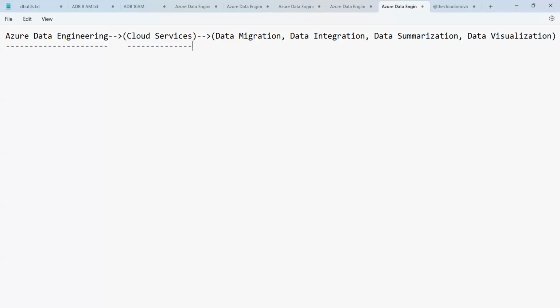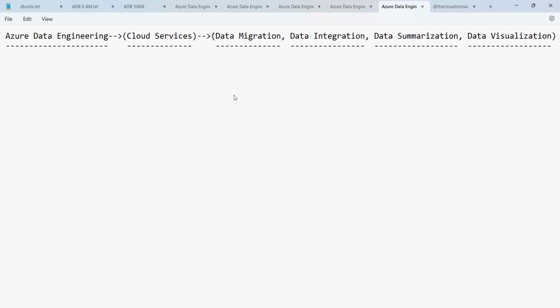Using the same, we can perform the job of data migration, then data integration, then data summarization, and finally, in the final layer, data visualization. So guys, these are all the tasks we can perform by using Azure data engineering.